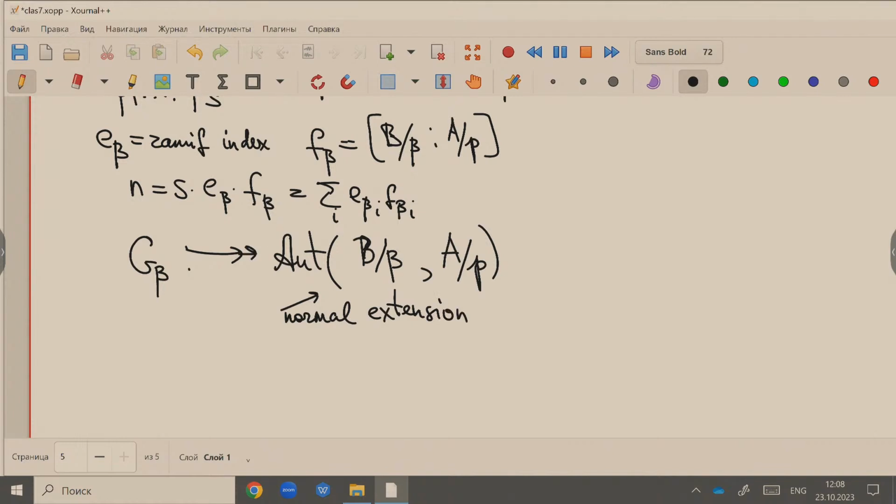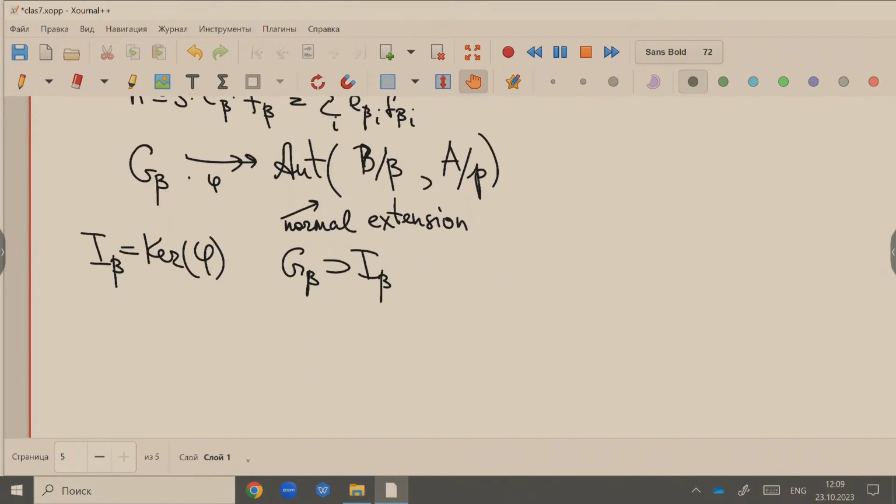So you can consider the kernel of this map. The kernel of phi is called the inertia group. This is the subgroup of G beta that acts trivially on the field B mod beta, but you can ask for further properties. I beta can act non-trivially.